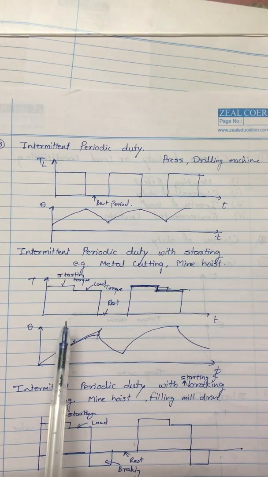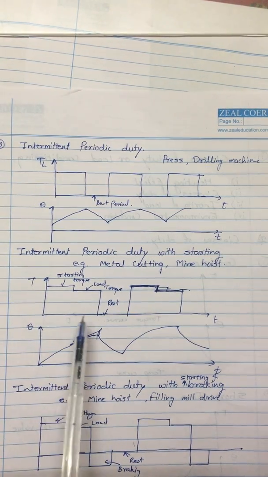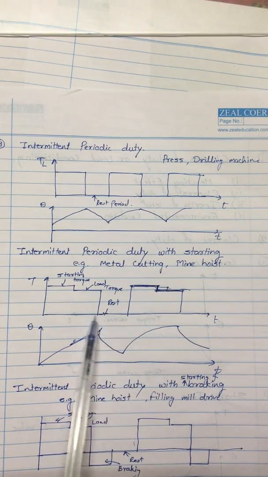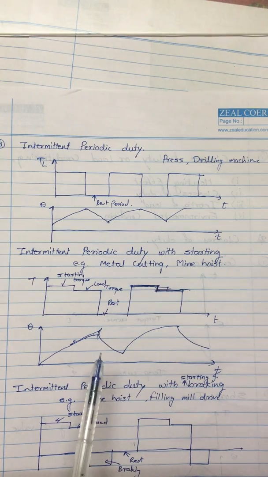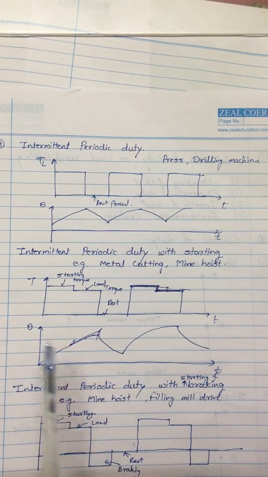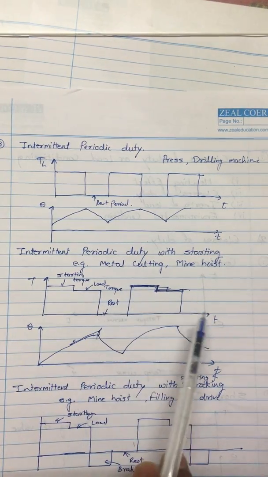We require higher starting torque and then the motor will be on load torque, and the next part is rest time at which the motor will remain in stop condition. In the previous type only load torque was present. Here the repetition takes place.